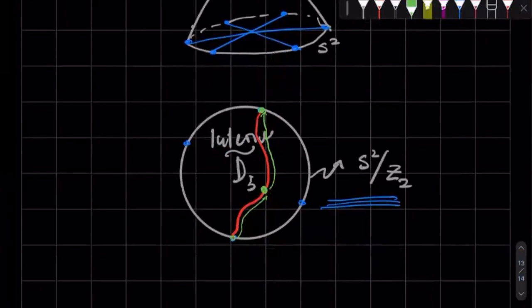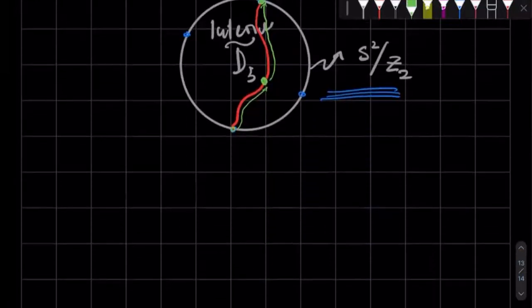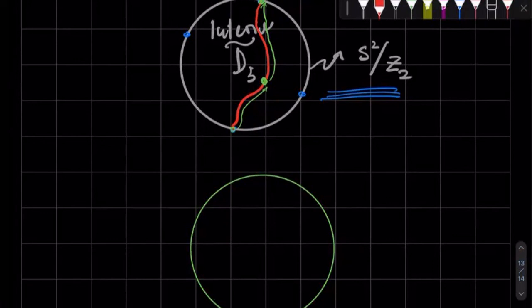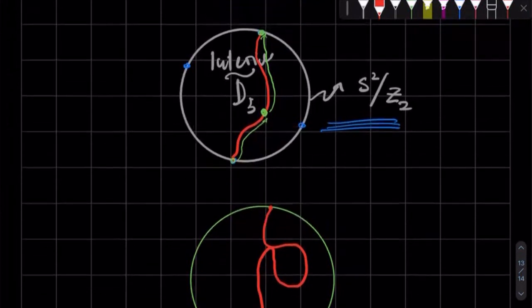If you want to shrink this, what can we do? We can pinch it off, but then we just have a self-intersecting curve. We still have a portion which is not getting smaller.